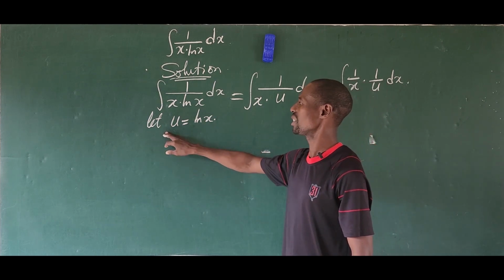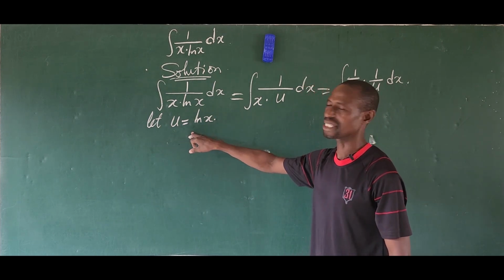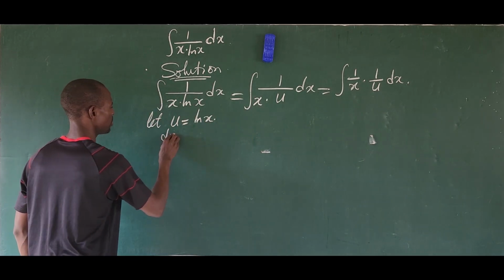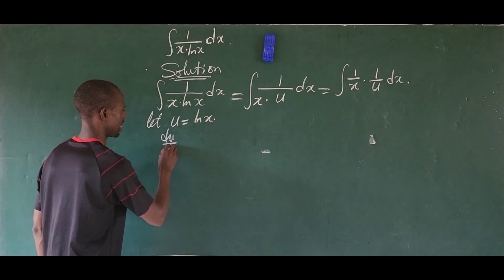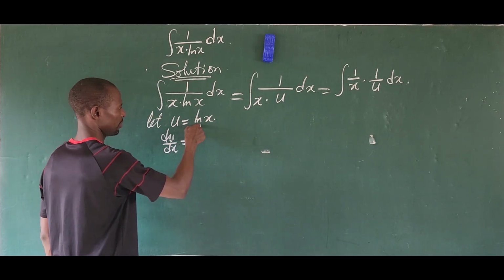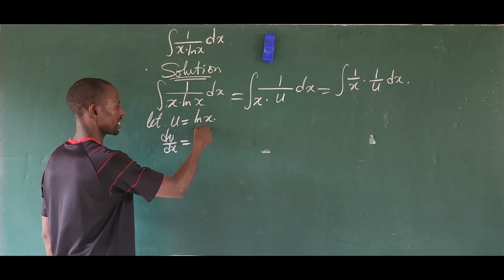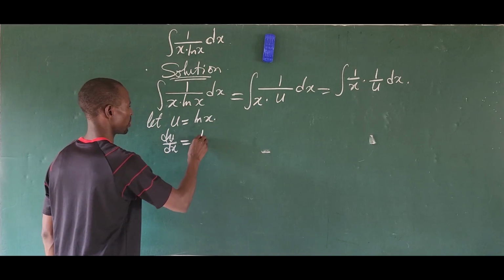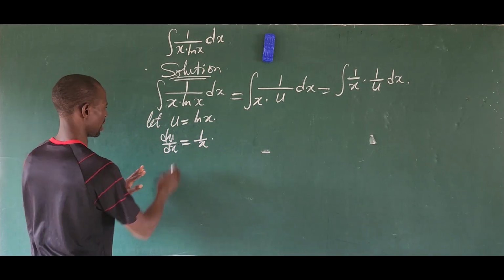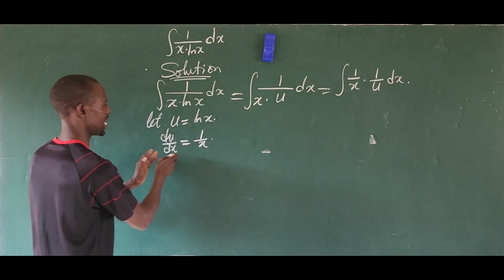Okay? So if we therefore differentiate this expression here, we're going to have our du dx, right? Du dx will now give us here, if you differentiate ln of x, 1 all over x. So we multiply by the x.